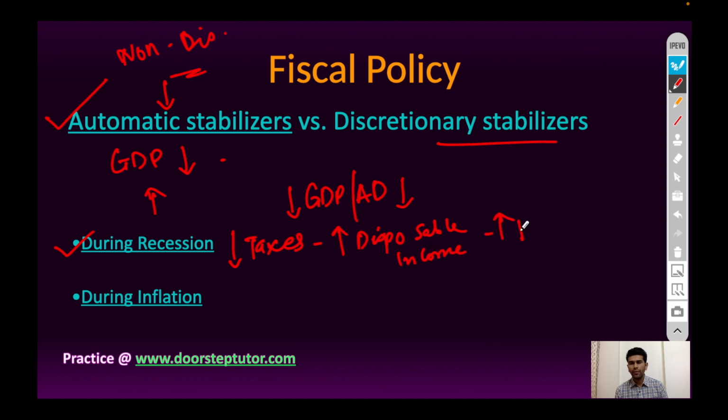People will start demanding more products. There will be more production to meet demand. More production requires more employees. Production increases, GDP increases and employment increases.